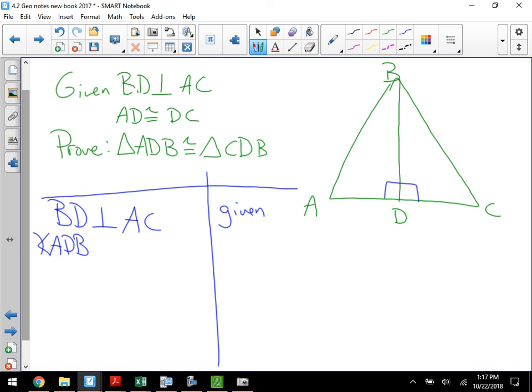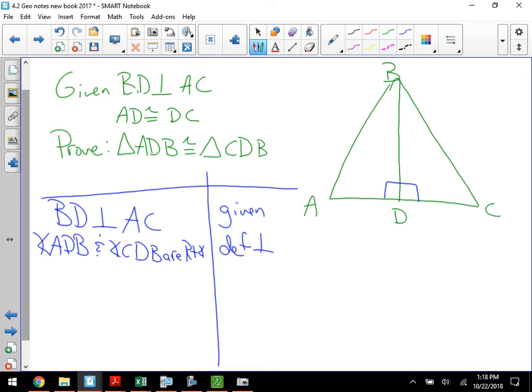I can do that, BDA. Either way, it's fine. And angle CDB. Perfect. All right angles. And that's the definition of being perpendicular. My progression sheet tells me to do that step first.